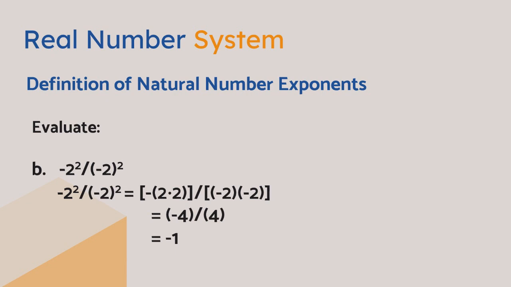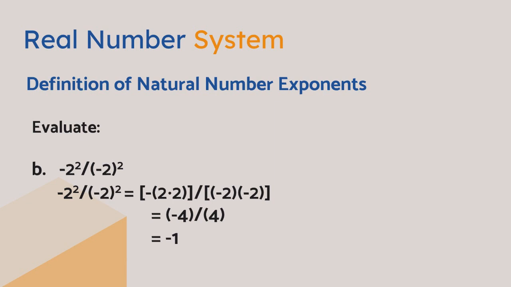So simplifying, again, in the first one, the base is 2, not -2. So it's negative, and then the quantity 2 times 2. And the second one, since it's the quantity -2, the base is -2. So -2 times -2. So evaluating, we get -4 divided by +4, which results in -1.